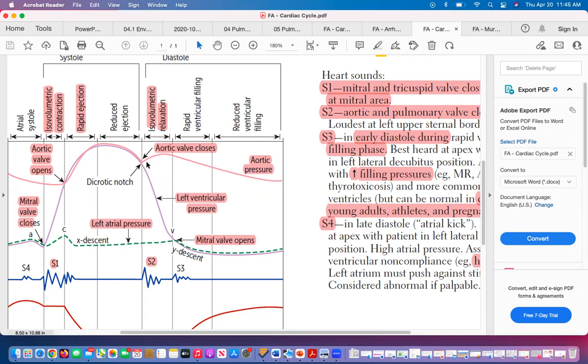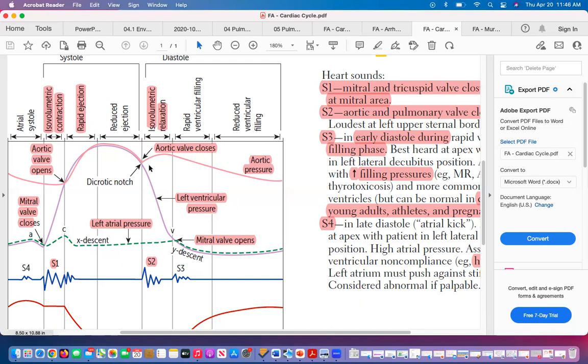So what happens is that we close the aortic valve, and at the same time, in this diastole phase, all the blood from the systemic circulation is coming back to the right atrium, and also the blood from the lung is coming through the pulmonary veins back to the left side of the heart, to the left atrium.